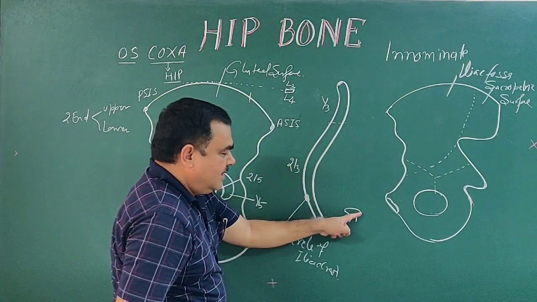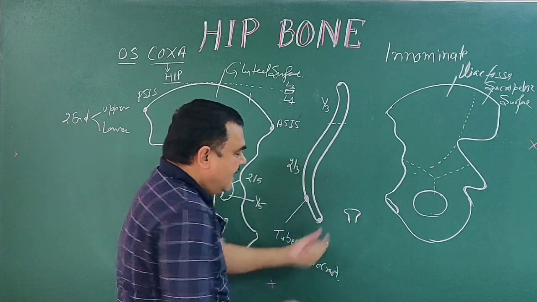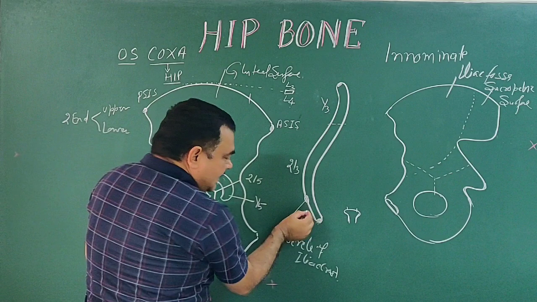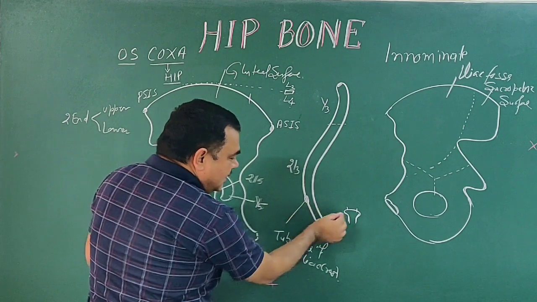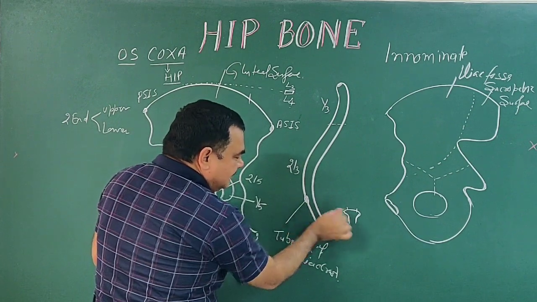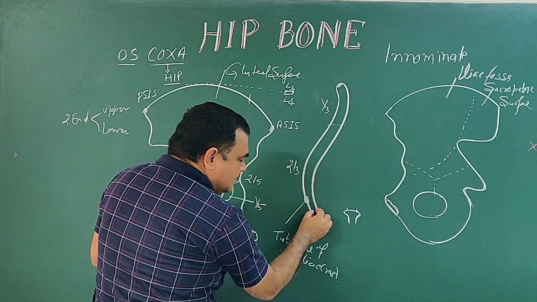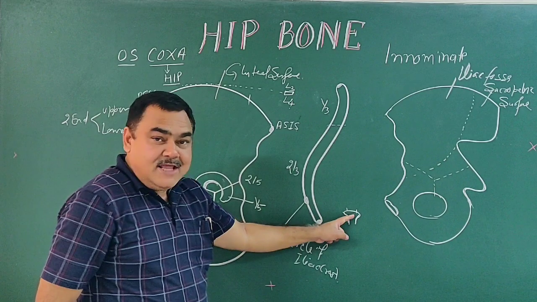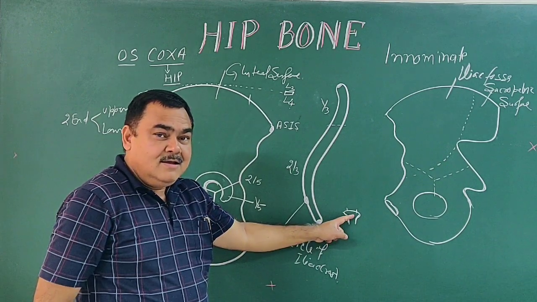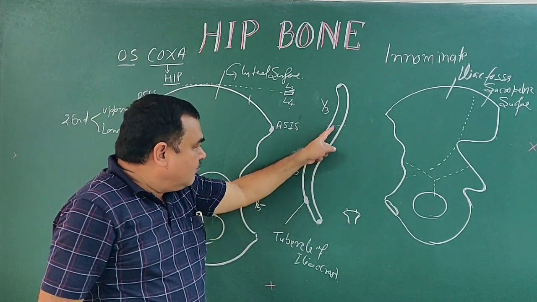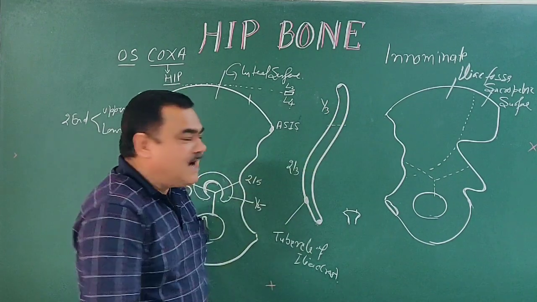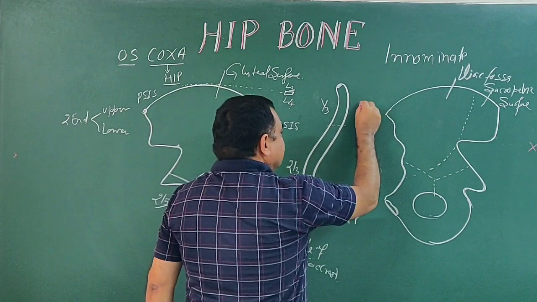This is the inner lip, this is the outer lip, and in between these two, this is the intermediate area. This arrangement is present only in the anterior 2/3 part, and in the posterior 1/3 part this arrangement is changed.